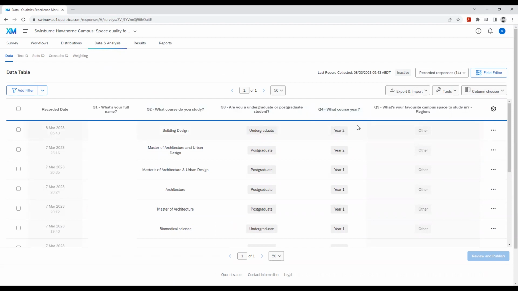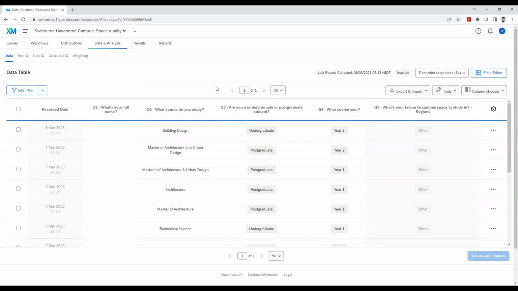And there was actually, as a side note, a part of the survey, a map showing the map of the campus. And the students could click on the map where was their favorite place to study in.